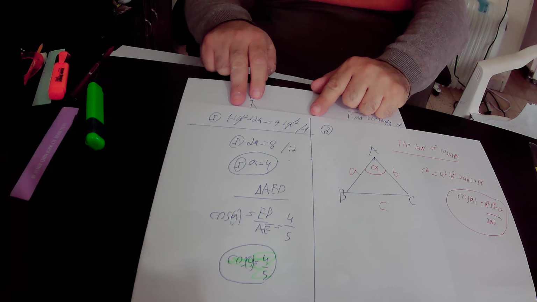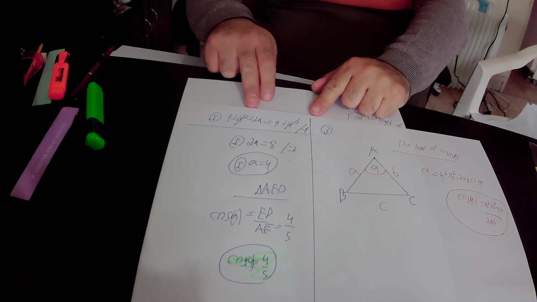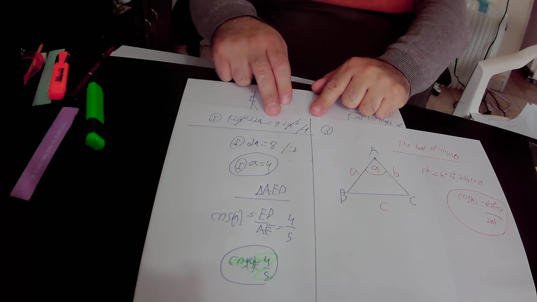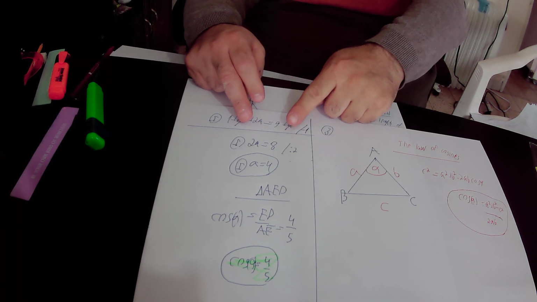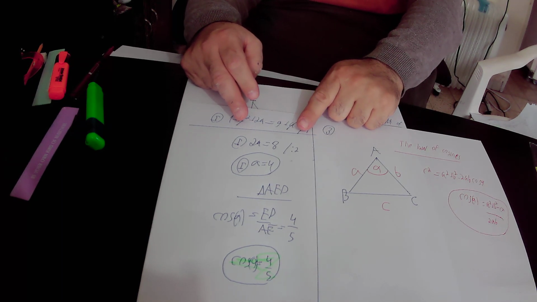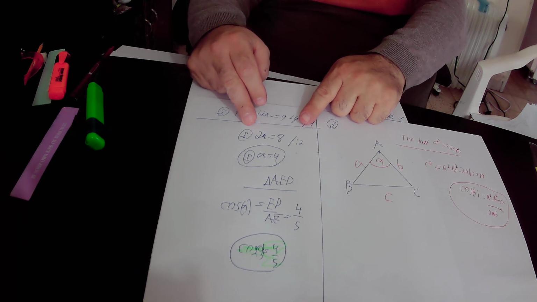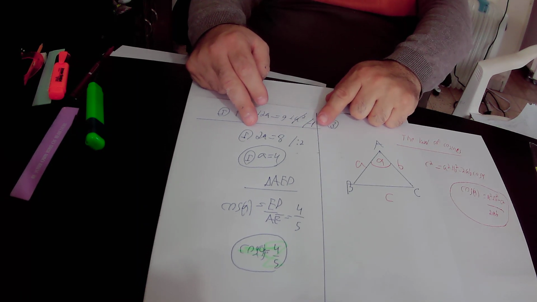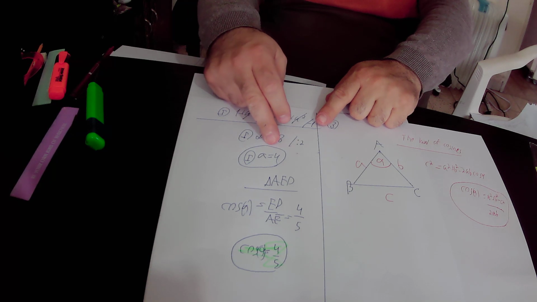We subtracted 1 from this equation, and what is left on this side is only 2A, and 9 minus 1 is 8, so in conclusion we found out that 2A equals 8. We divided this equation by 2, and we found out that A equals 8 over 2, that is 4.